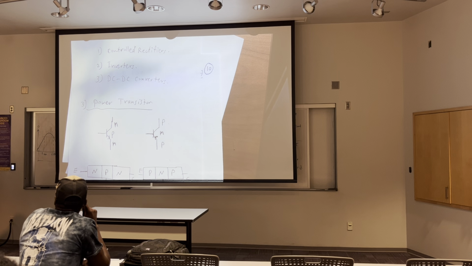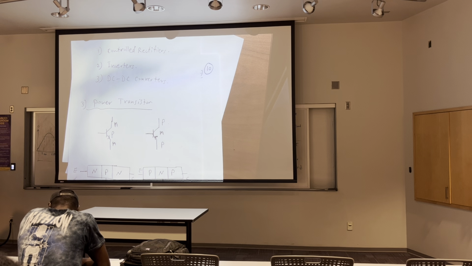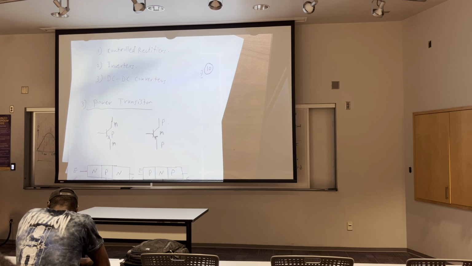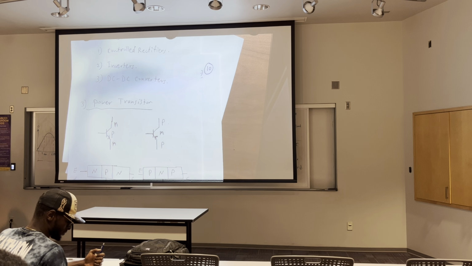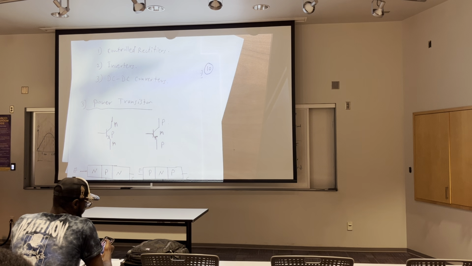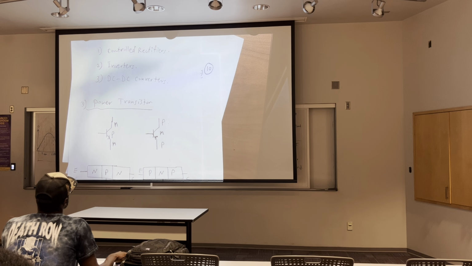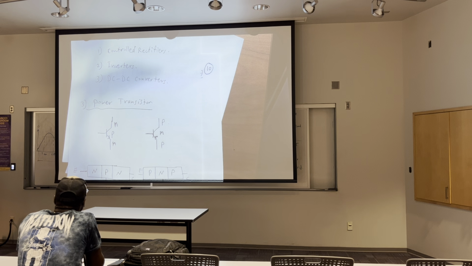The current flow in the electronic transistor is very small, maybe maximum 0.5 ampere, in milliamperes. 0.5 ampere means 500 milliamperes. So the RMS and average current flowing in a transistor or thyristor or diode or any device in electronics is low current.